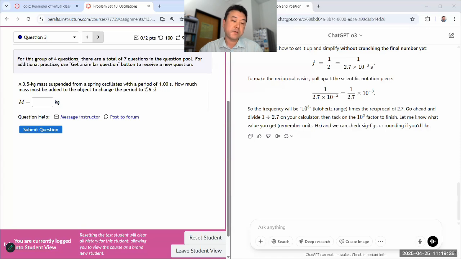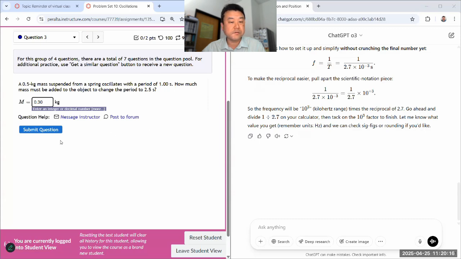I'm trying to increase the period by a factor of 2.5, and the square root of 2.5, that's a little harder. I think about 1.6. So I need to multiply this by 1.6. So that's 0.9 or so. So I might say you need to add, I don't know, 0.3 kilograms, maybe.